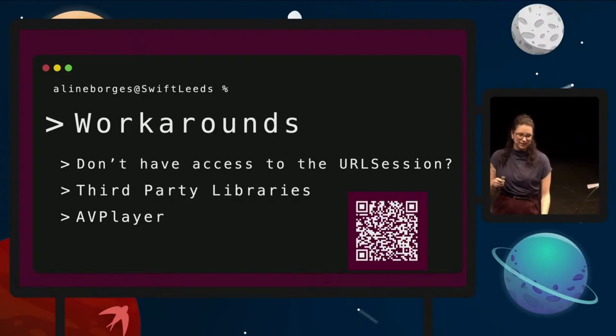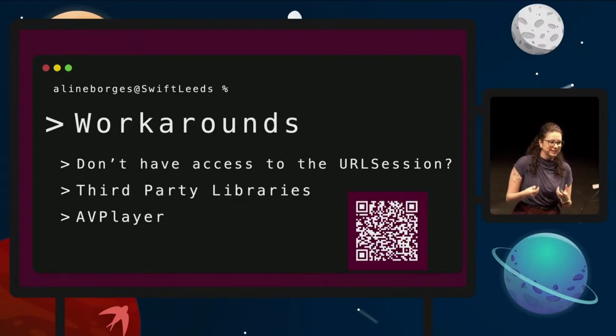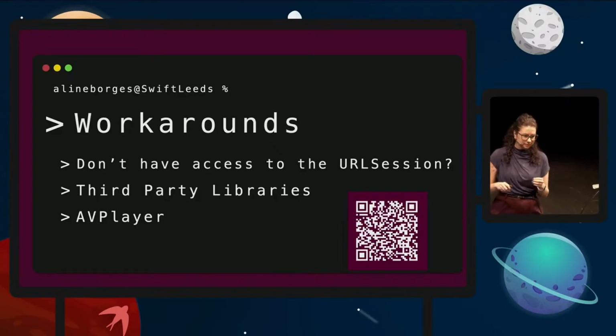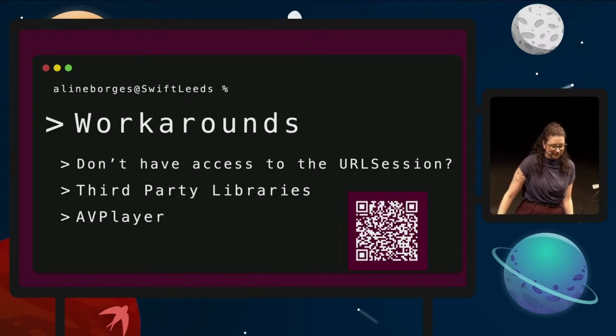But eventually, what I did, and a lot of people do the same thing for caching and other stuff, is I create a local server. I trick AVPlayer into calling my server instead of the camera.